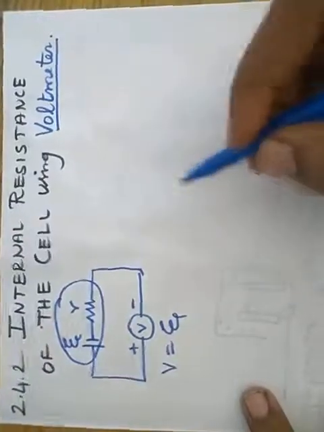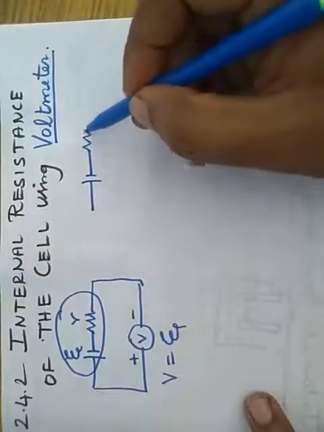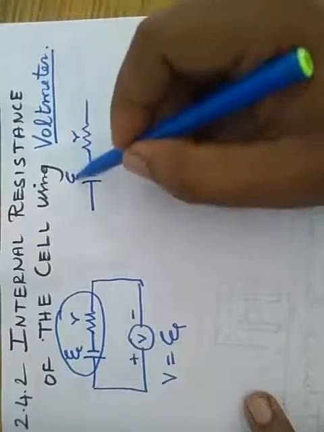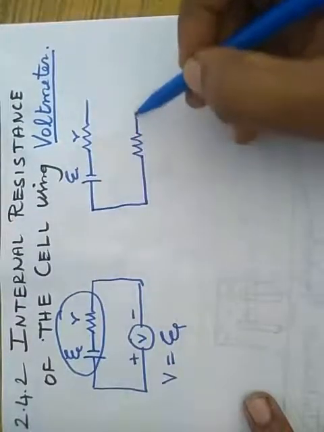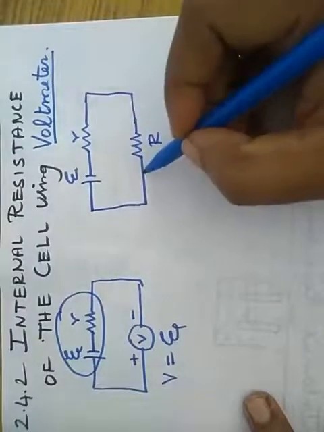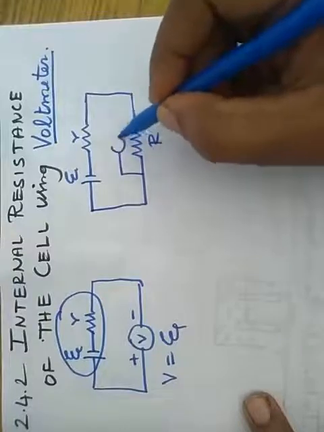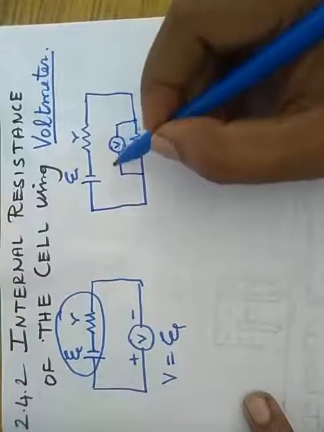Suppose the same cell, with the same internal resistance, is connected with a resistor of resistance R. The high resistance voltmeter is connected across the external resistance.